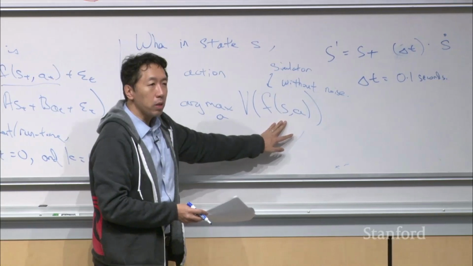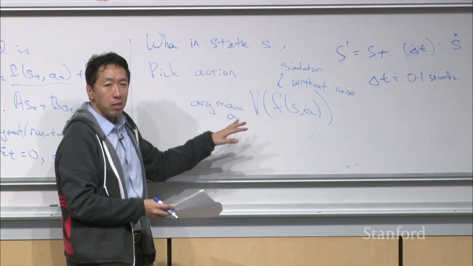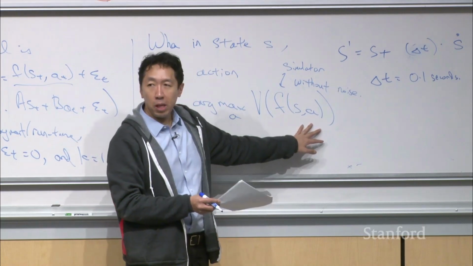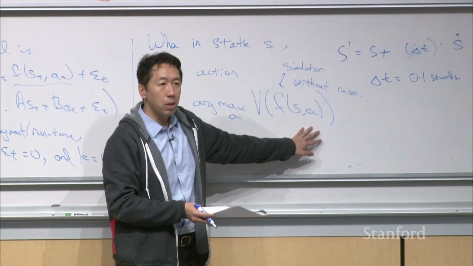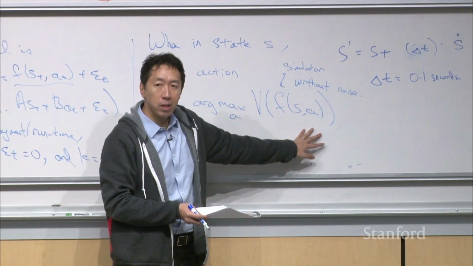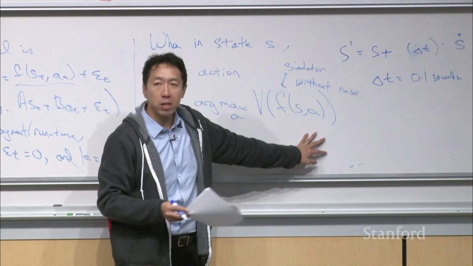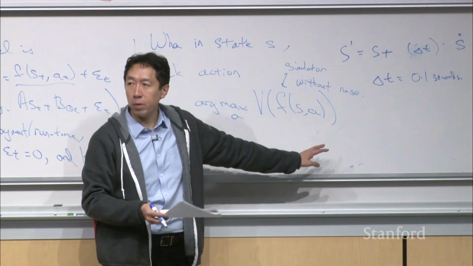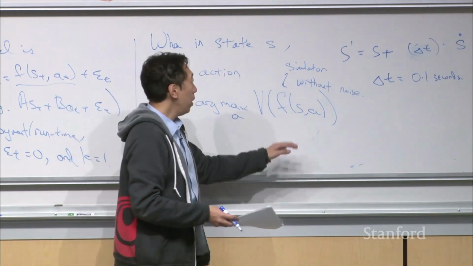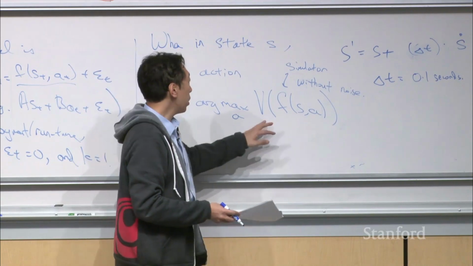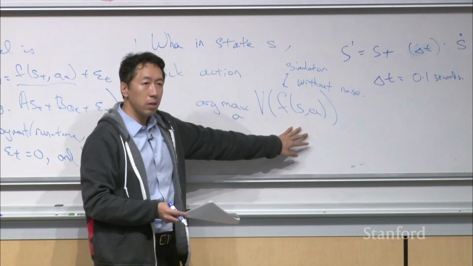And so you can quickly, for every possible action A that you could take, use a simulator to simulate where your helicopter will go if you were to take that action. So go ahead and run your simulator once for each possible action you could take, right? Computers are actually fast enough to do this in real time. And then for each of the possible next states you could get to, compute V applied to that.